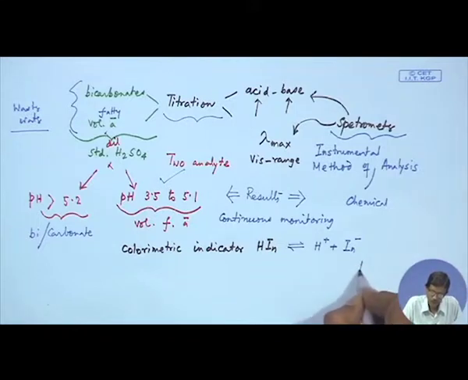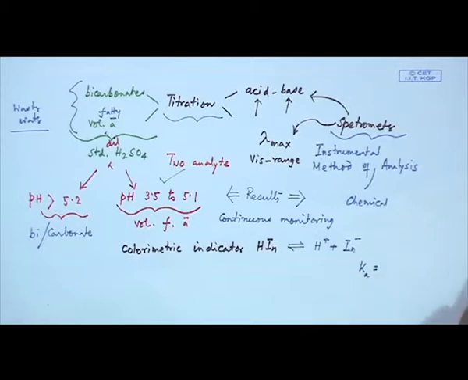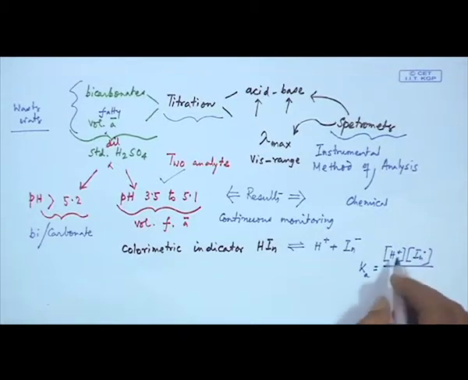If both of them are in equilibrium, the corresponding Ka value would be given by the concentrations of H plus and In minus and the undissociated weak acid, which is HIn.